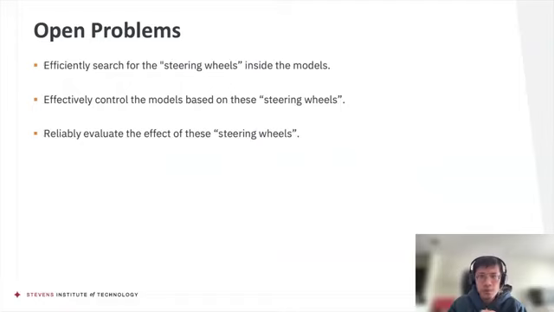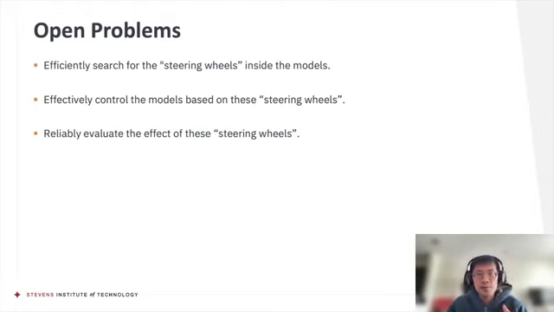We want to very quickly find a good steering wheel. And also we want to find steering wheels that are useful not only on one problem but also in many other types of domains. So we want the steering wheels to be generalizable.